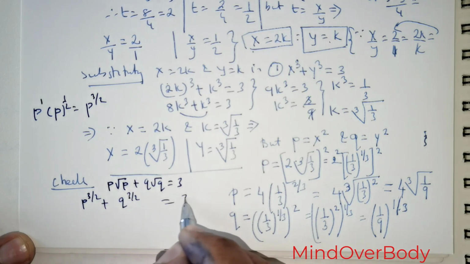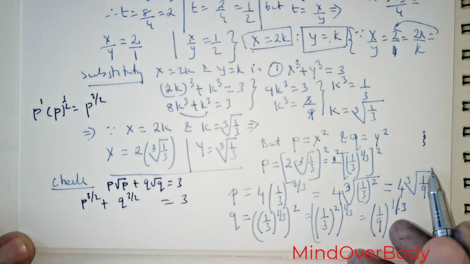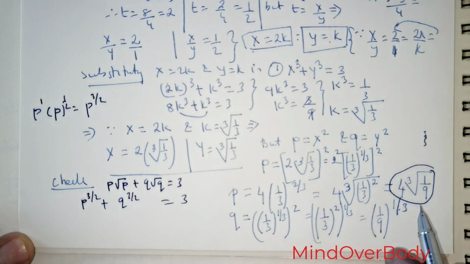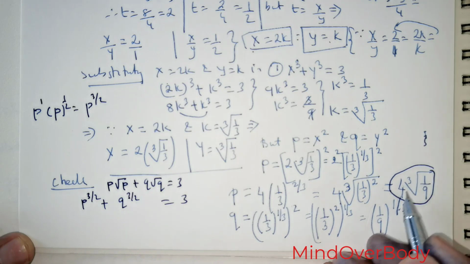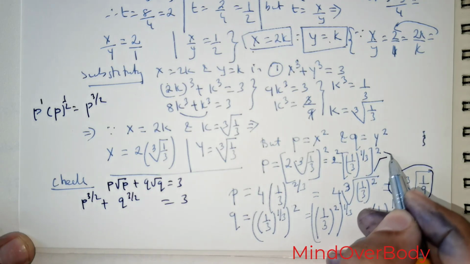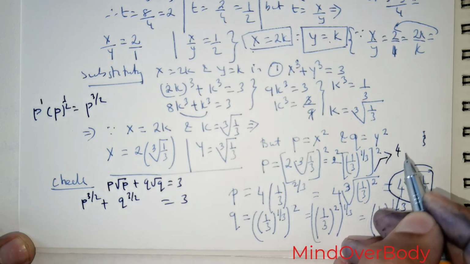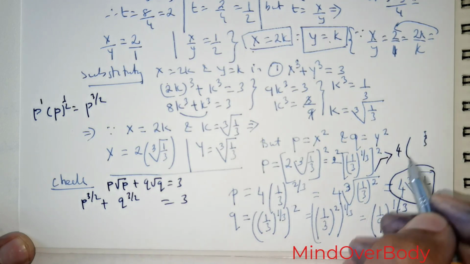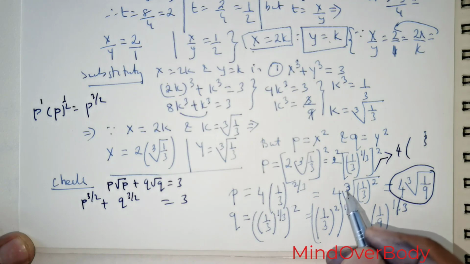Now I need to get this 3. Now the value of p is this. So I have to take this value and place it here. Now instead of using this value, I prefer to use this value because this is going to be equal to 4 times 1 over 3 raised to the power 2, that is, it has to be raised to the power third root.